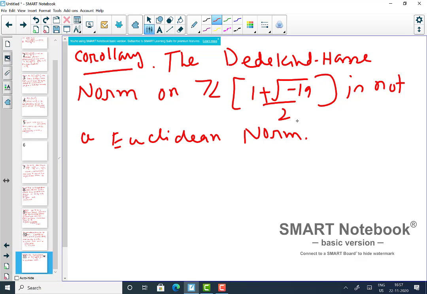Why is it not a Euclidean norm? Because if it is a Euclidean norm, then you have a universal side divisor, right? So you can easily find out. Let me give some idea, then you can easily prove it. So how to prove this?